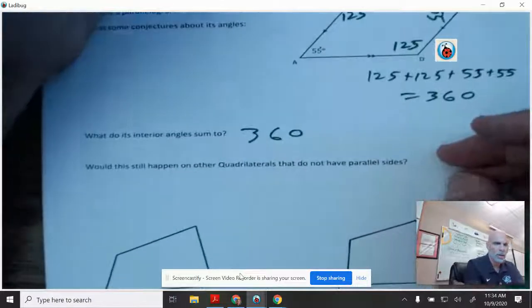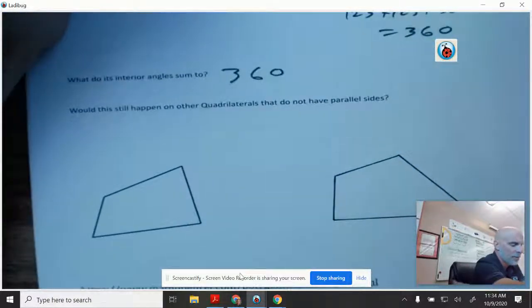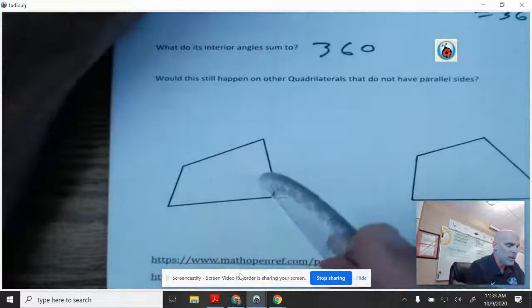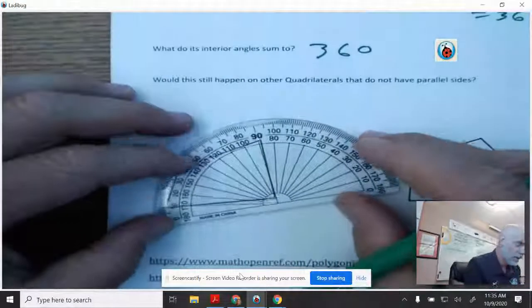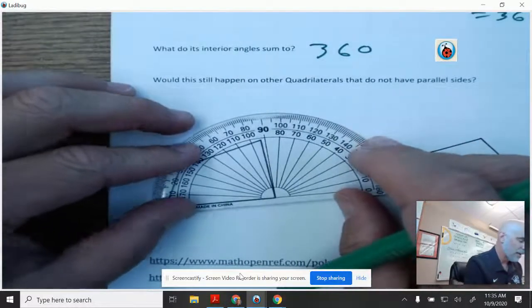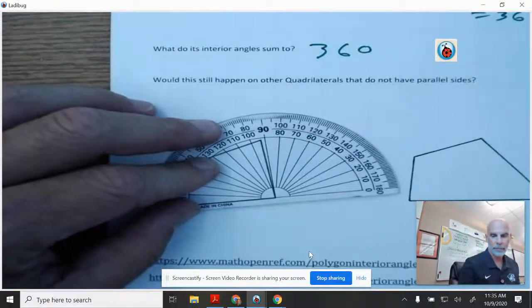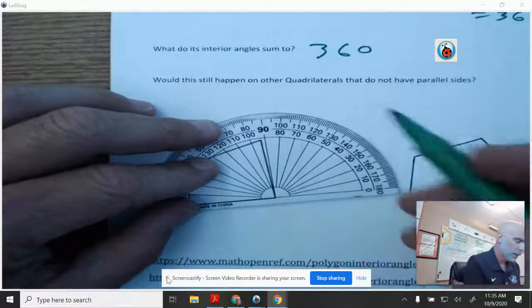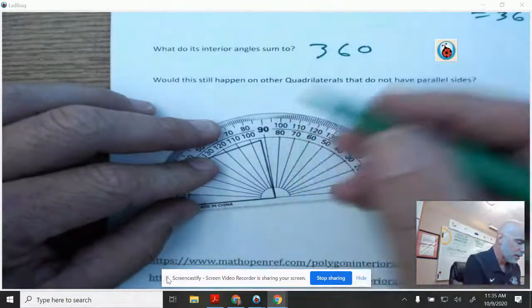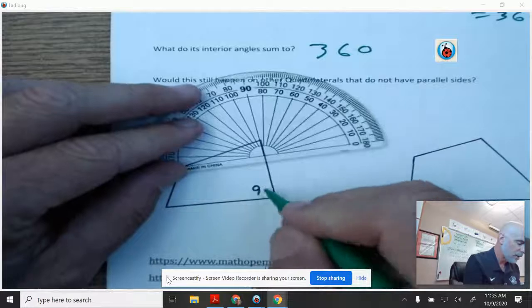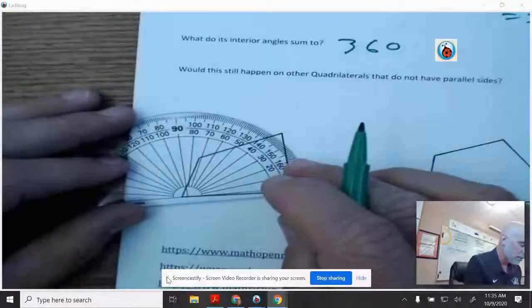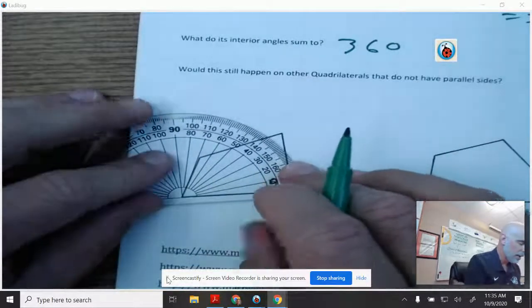And I'm going to show you just a little example of that right here. If we just had a random quadrilateral, remember quadrilaterals means four sides. If I go to add these up, and let's say that I get 97 degrees, it looks like. And I just start to measure these just by hand right here.